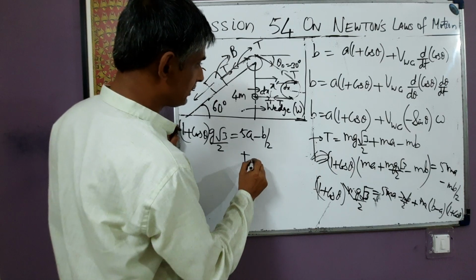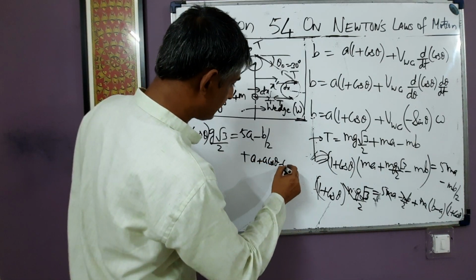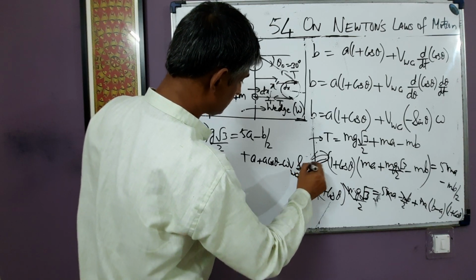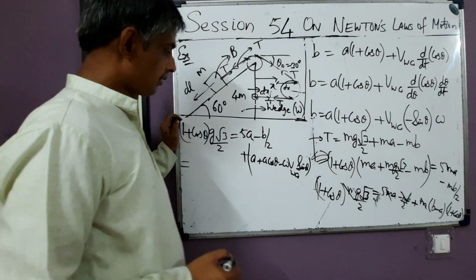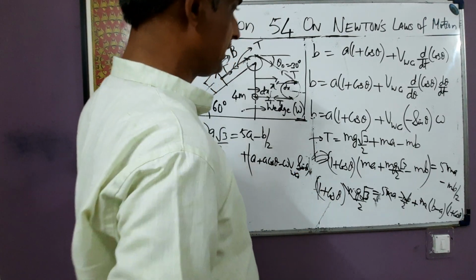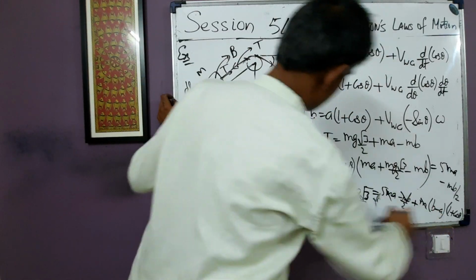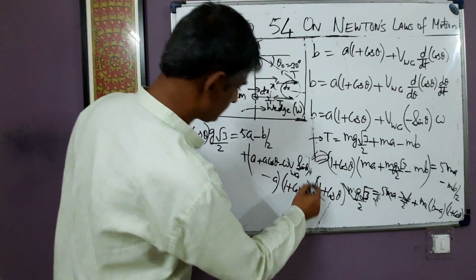So this b becomes a plus a cos θ minus ω v_wg sin θ. This is b, but here it is minus a also, minus a into (1 + cos θ). So this is the equation.